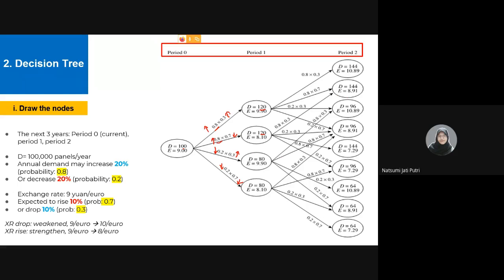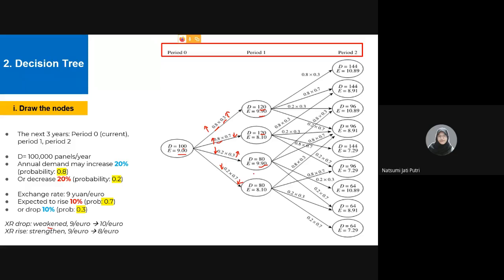The first one is that the probability the exchange rate will drop by 10% is 0.3, but by drop it means that it will be weakened, so the number will increase. And then we get 9.9 from the current exchange rate here times 10%, which is 0.9, and we got 0.9 plus 9, and then we get 9.9.